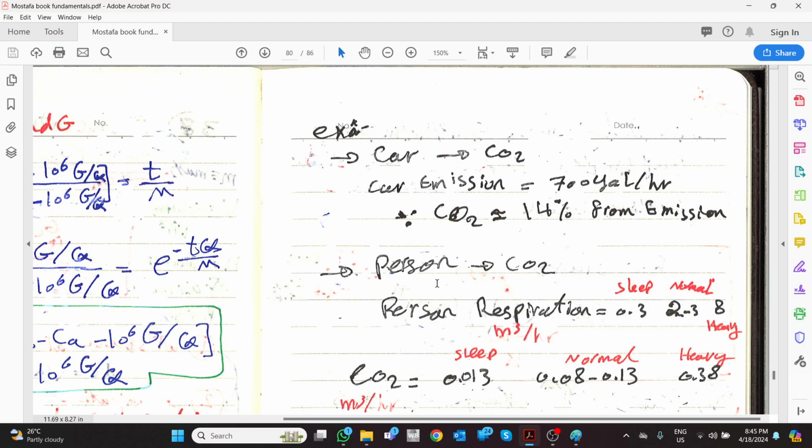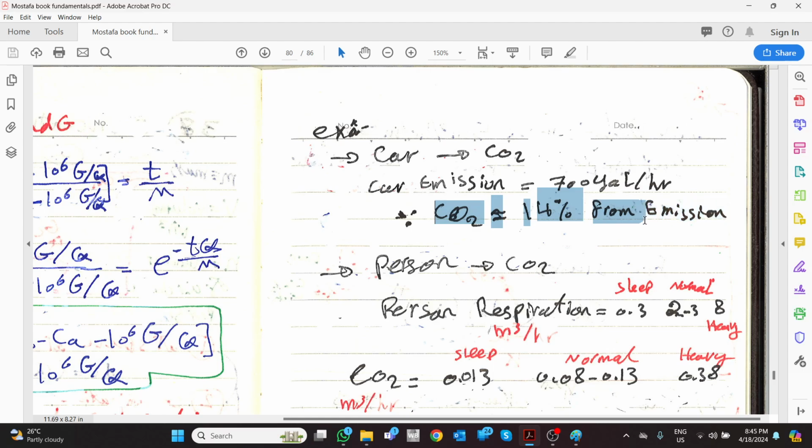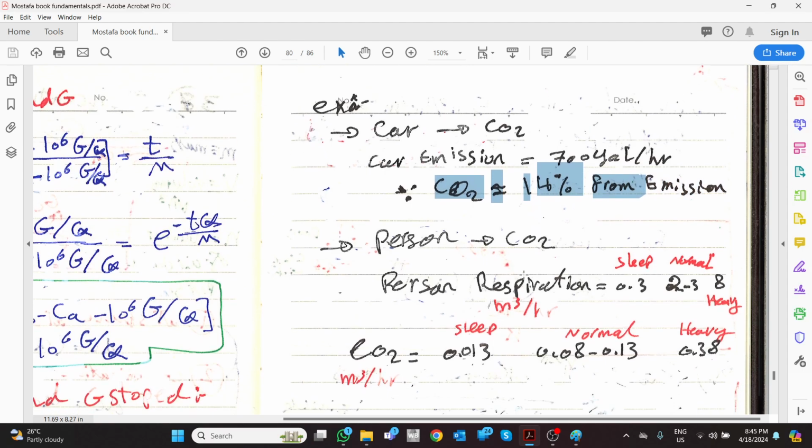An example: there's a car, CO, and the car emission is like this. CO2 is almost 14% of the emission, and we're going to check the reaction as species calculation, how we can identify this, not by an assumption. Or we have a CO2 and the precipitation, if it is 0.3, for example, in meter cube per hour.